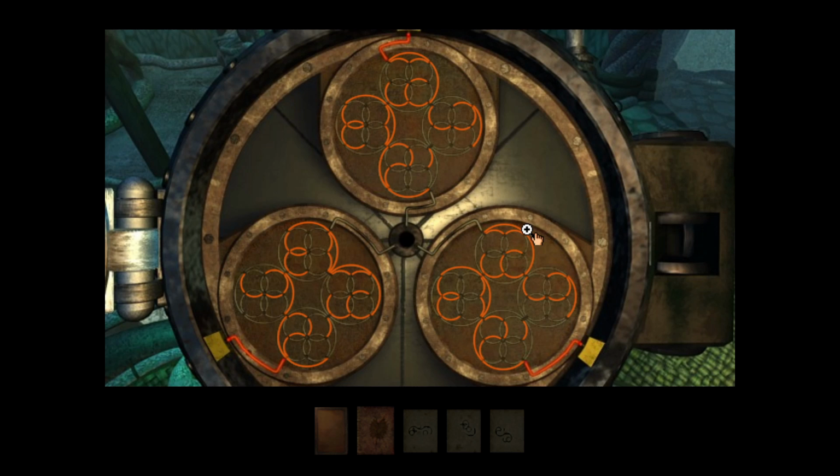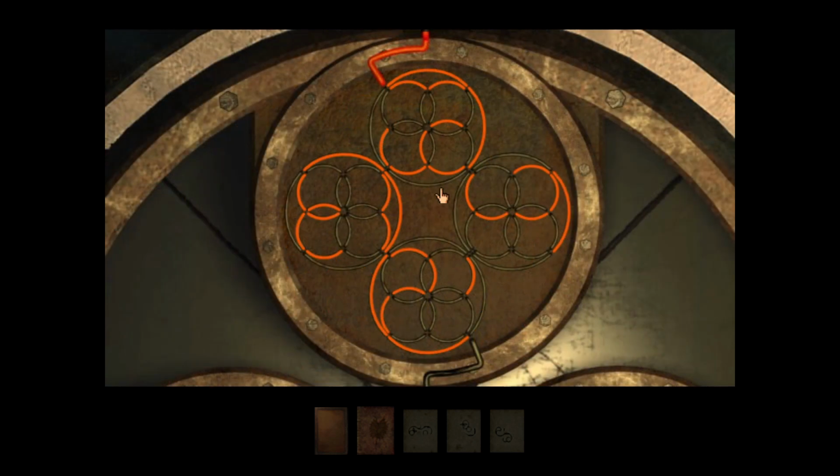Although it looks like I don't need to change the bottom one, because this one goes up here, this one goes over here, and that one goes up there. That's energy now. If this one goes over here... Yeah. And now I just need... That's energy powers future.